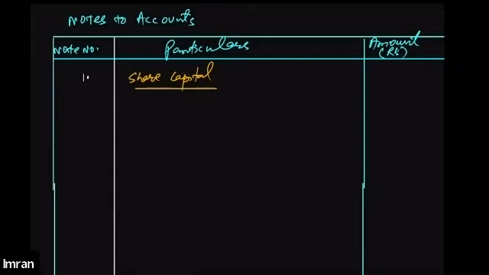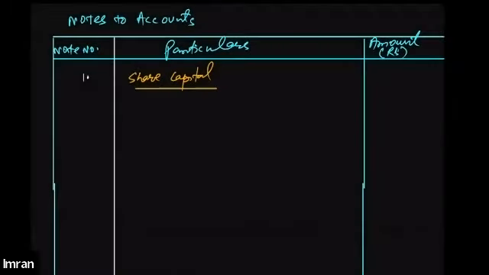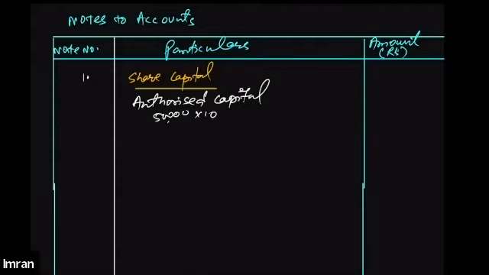Share capital, and for share capital, we will be writing the share capital in detail. First of all, we'll write down the authorized capital that we already know. Authorized capital for this company is 50,000 shares of 10 each. That means total authorized capital is 5 lakh. All right.